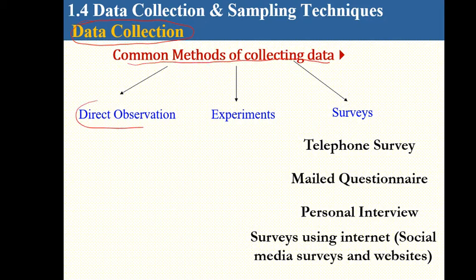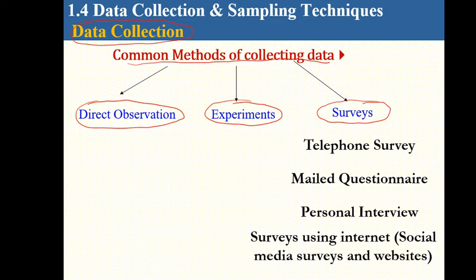And there's one, direct observation. You just directly observe the subjects and get information from them by just observing. Now, sometimes you do experiments on subjects and you get data from the experiments. And the last one, and the most popular one, is surveys on the subjects.